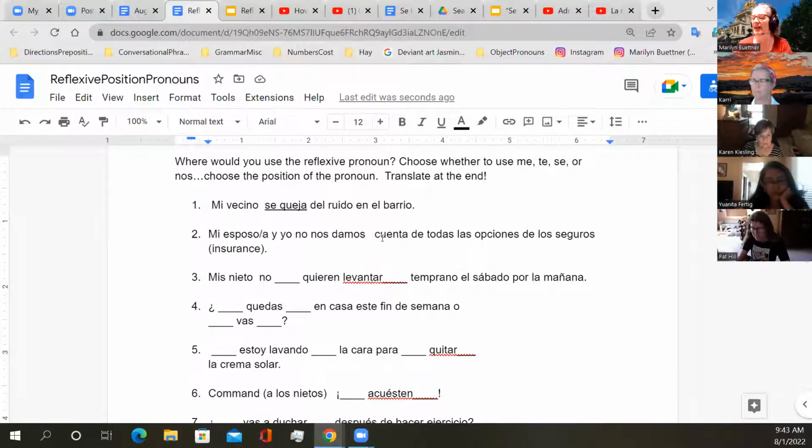It's just a word that has to be there. Here's a whole chunk, all the words that must hang together to convey that idea of realize, or in this case, don't realize. No nos damos cuenta de. Nos has to be in front of damos. We've got just a plain old statement of fact, what's actually happening.